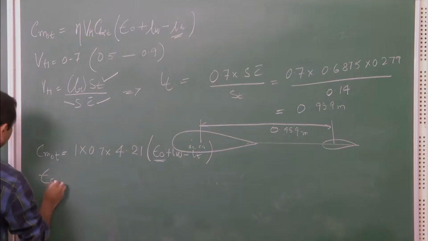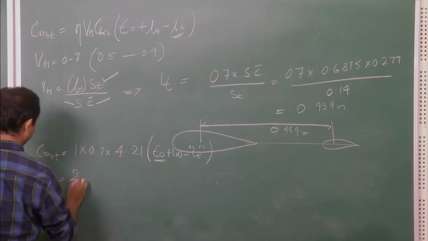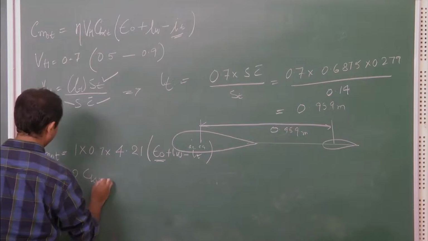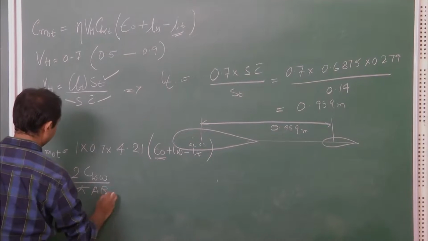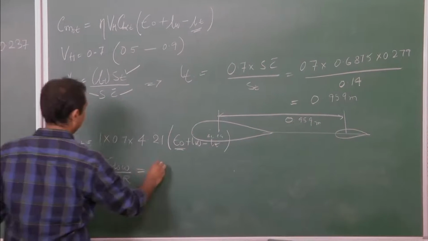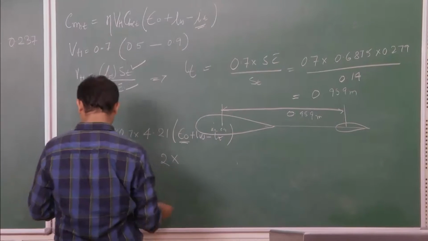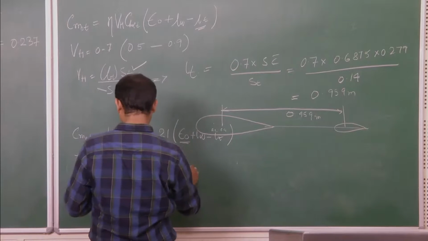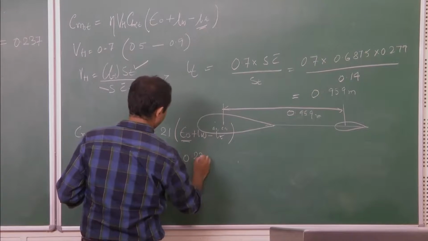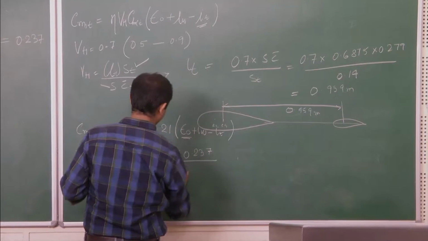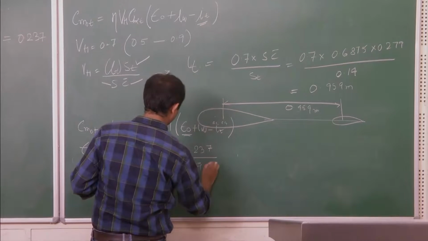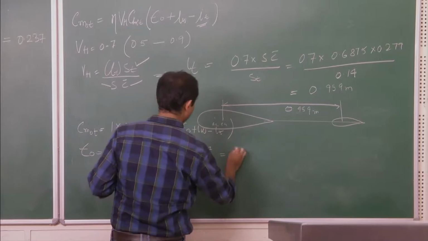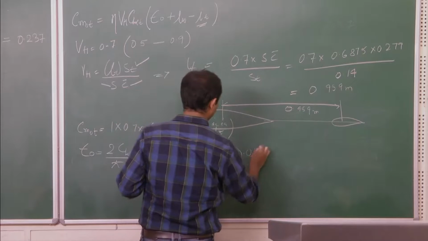Epsilon naught is given as 2 CL naught of wing by pi aspect ratio, which is equal to 2 into 0.237 by pi into 9.09, which comes around 0.0166.